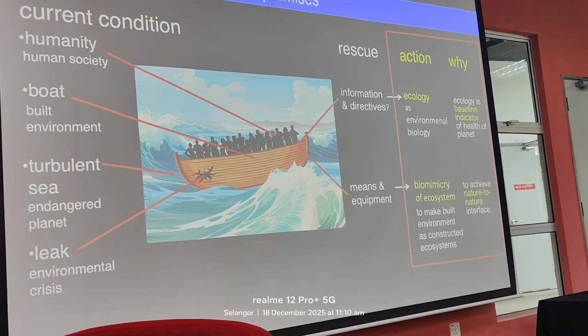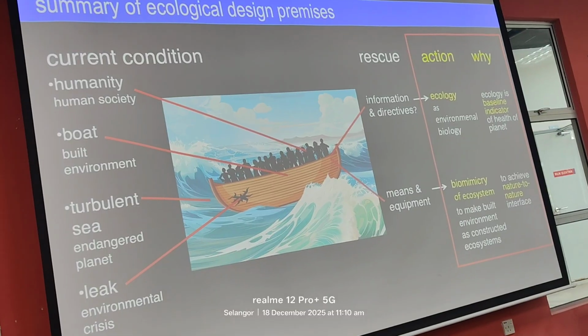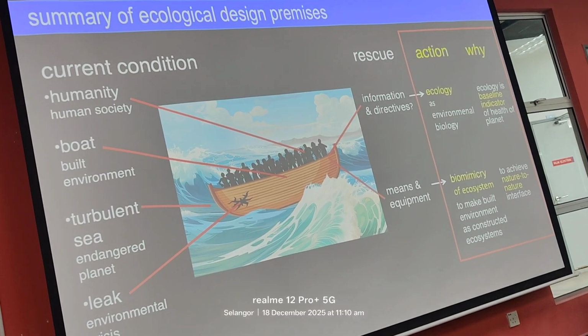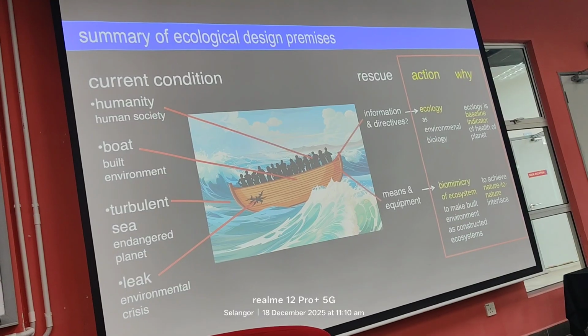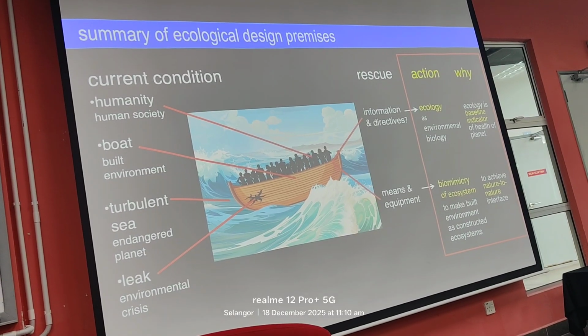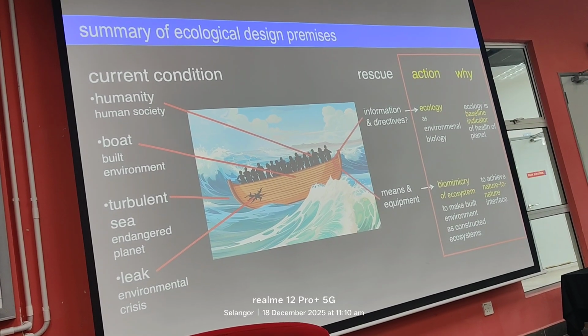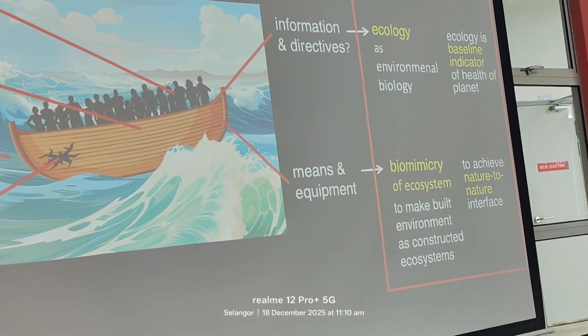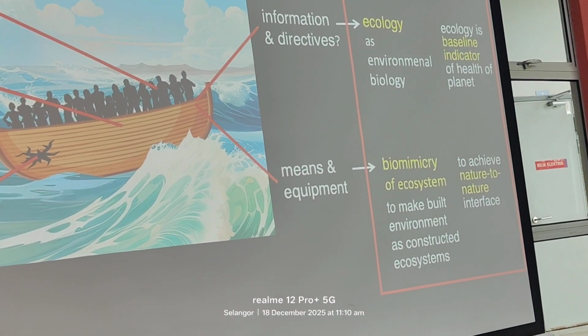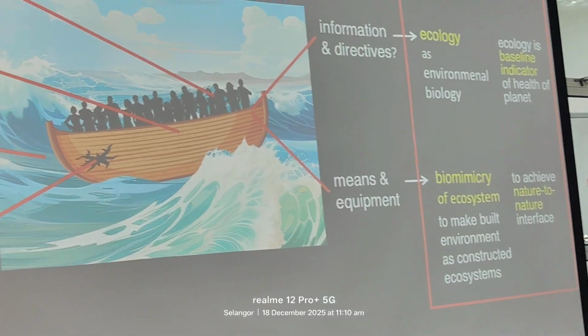The information and directives is ecology as environmentology. And ecology is the baseline indicator of the health of the planet. The means and equipment is through biomimicry of the ecosystem to make our built environment a constructed ecosystem.